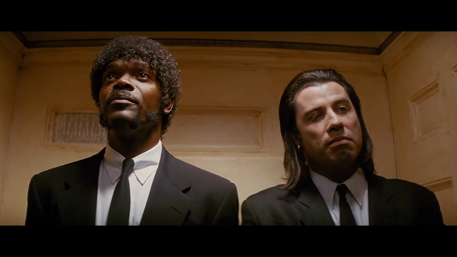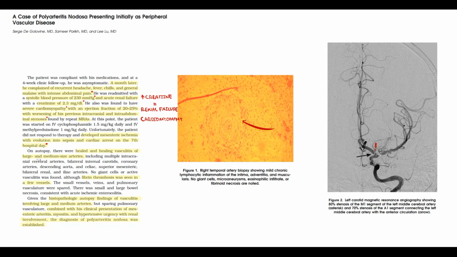That's a damn shame. Biopsy revealed healing vasculitis of large and medium-sized arteries and fibrin thrombosis in a few vessels. So, based on clinical symptoms and biopsy findings, a diagnosis of polyarteritis nodosa was made.